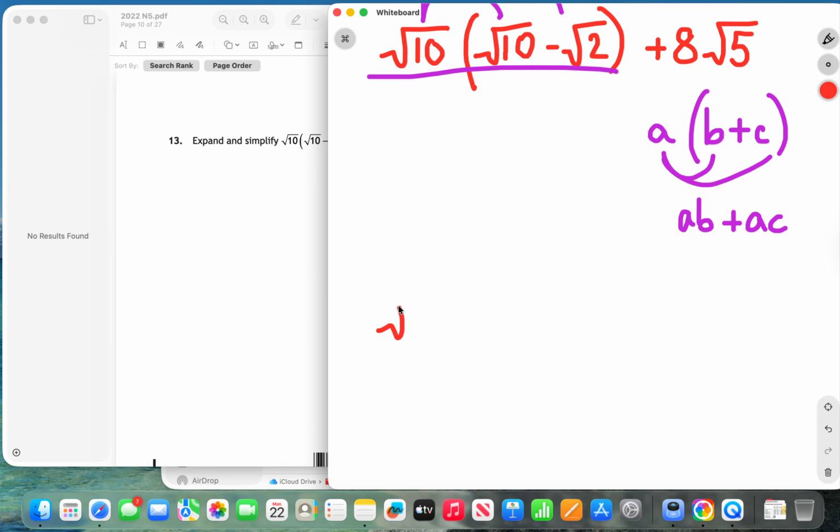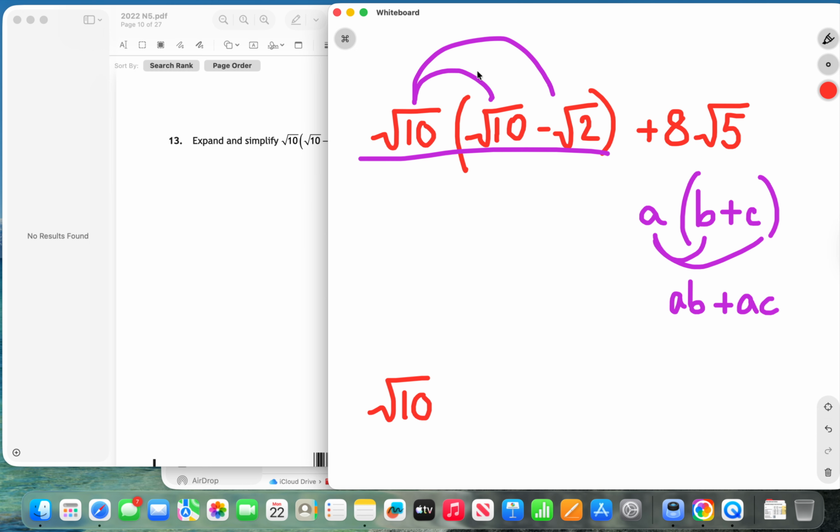So we have root 10 multiplied by root 10, because the first product is the root 10 multiplied by the first term in the brackets. So let's do root 10 times root 10.